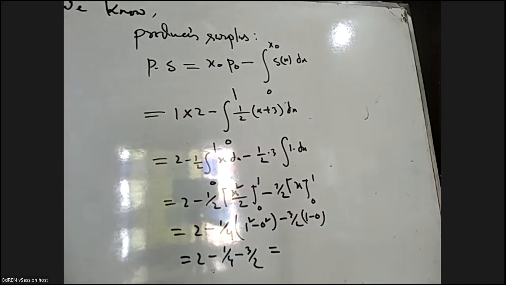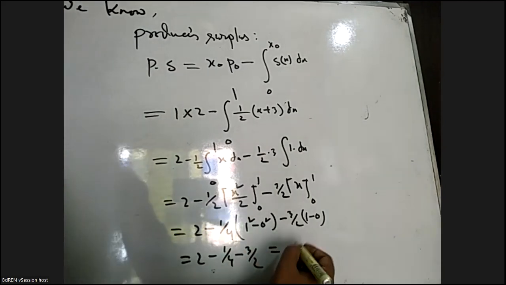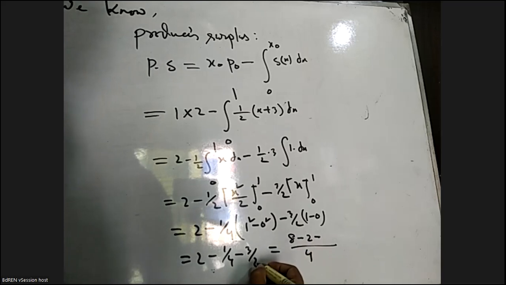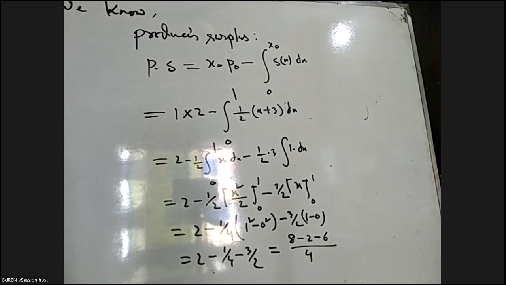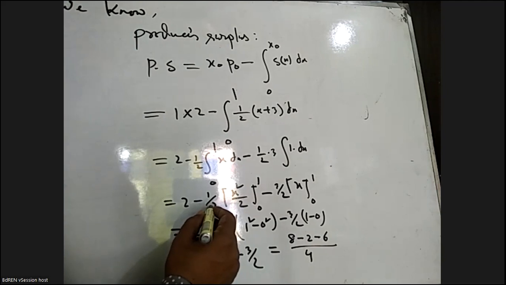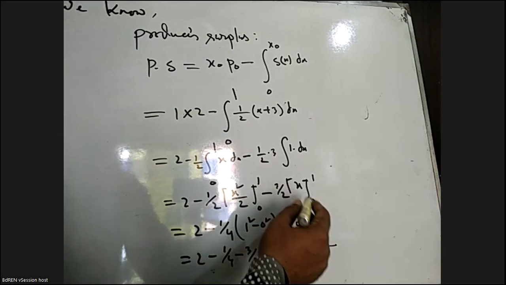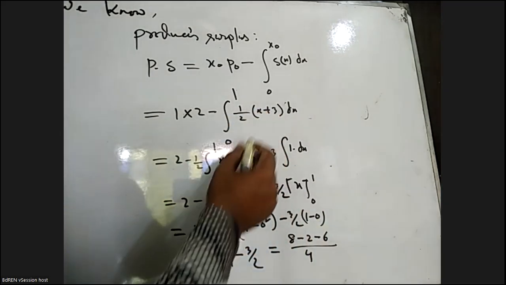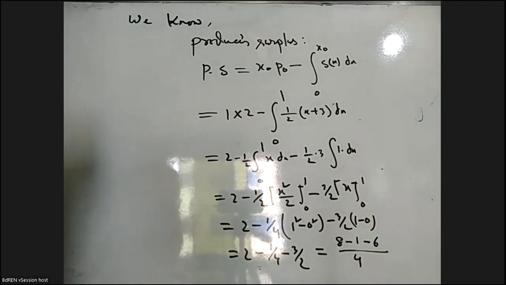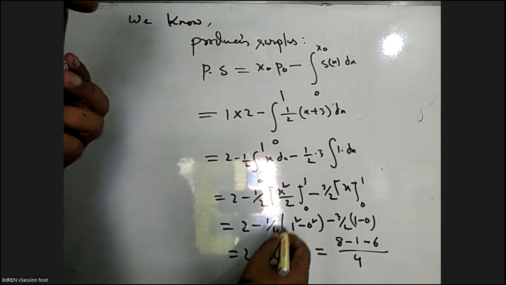This value, what? After simplifying, we get 2 minus 1 by 4 minus 3 by 2.